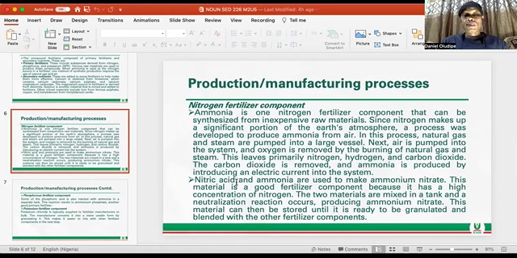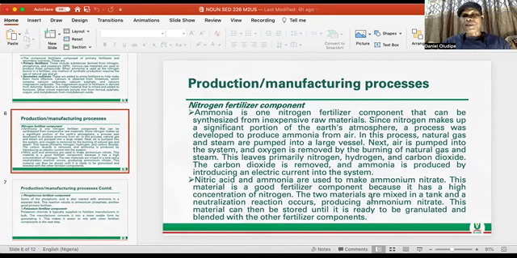The second step: nitric acid and ammonia are used to make ammonium nitrate. This material is a good fertilizer component because it has a high concentration of nitrogen.